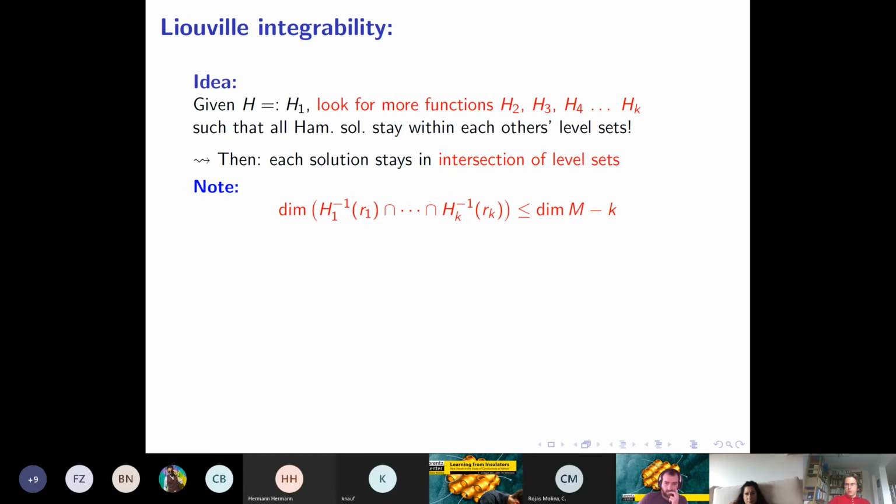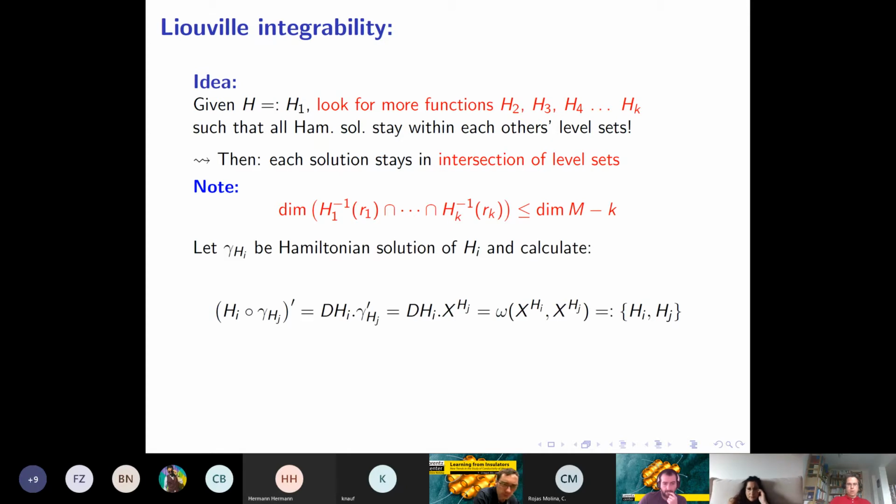And if you have this, they stay in the intersection of the level sets, and then this means you drop in dimension. I'm not going to talk about it, but there's the so-called Arnold-Liouville theorem, which actually tells you how much you can drop down with independent function integrals, which means you can get down to half of the dimension of the manifold, technically.